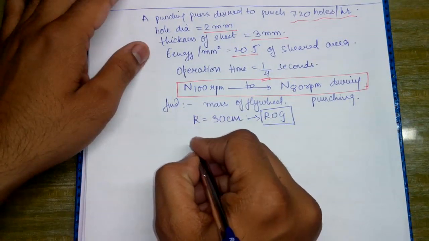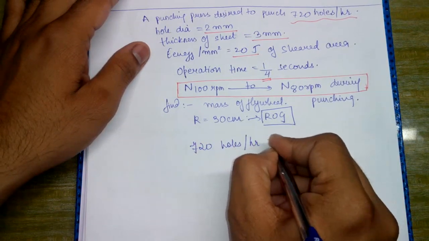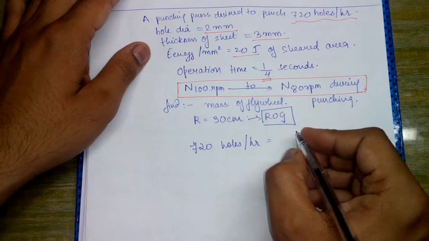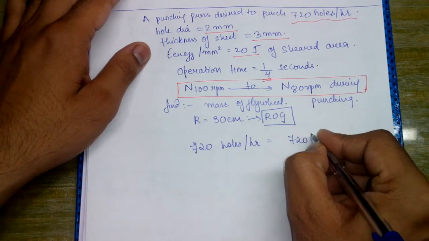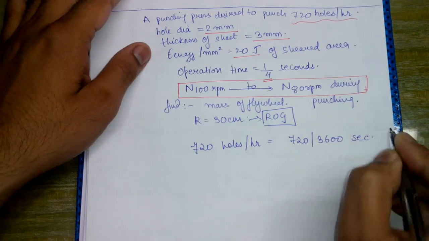Now we see that 720 holes per hour, and 1 hour has 3600 seconds, so we can write 720 holes per 3600 seconds.